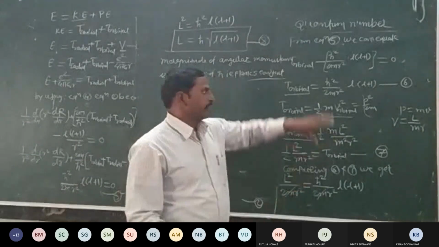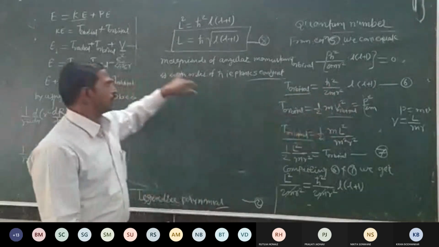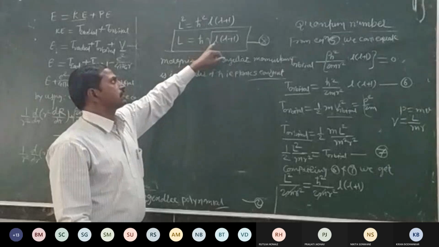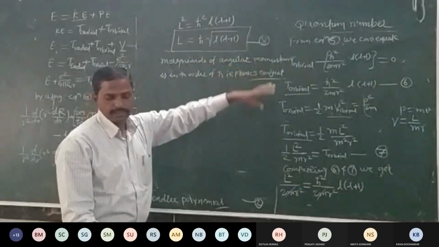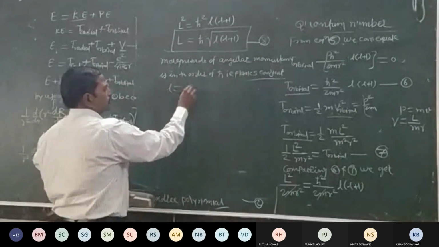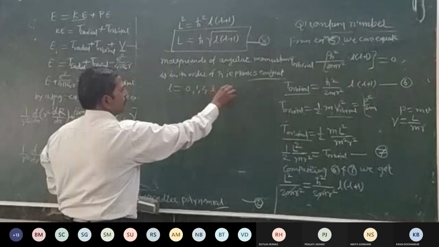बघा बरोबर आहे का? Angular momentum चं magnitude मिळाले मला, and the magnitude is this much. L is equal to h cross under root l into (l plus 1). Right? And the values of small l are 0, 1, 2, 3, and so on.